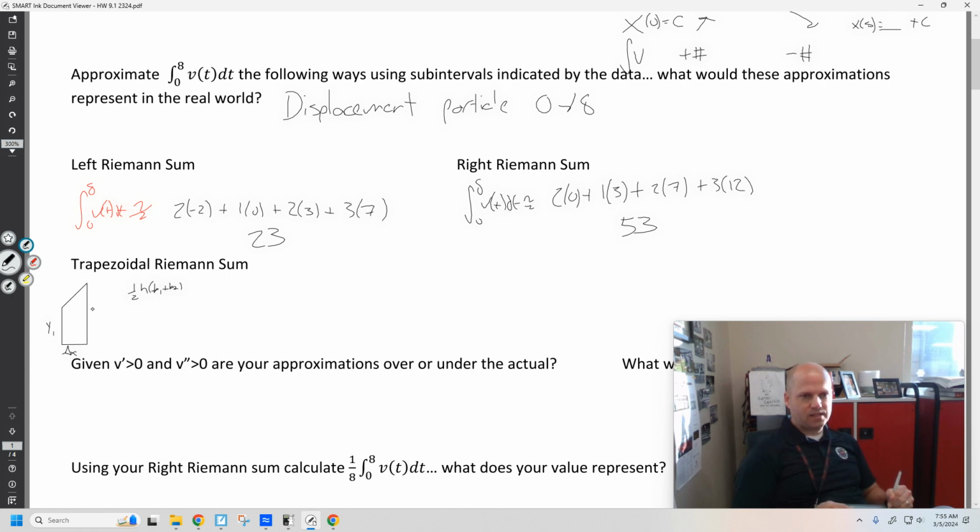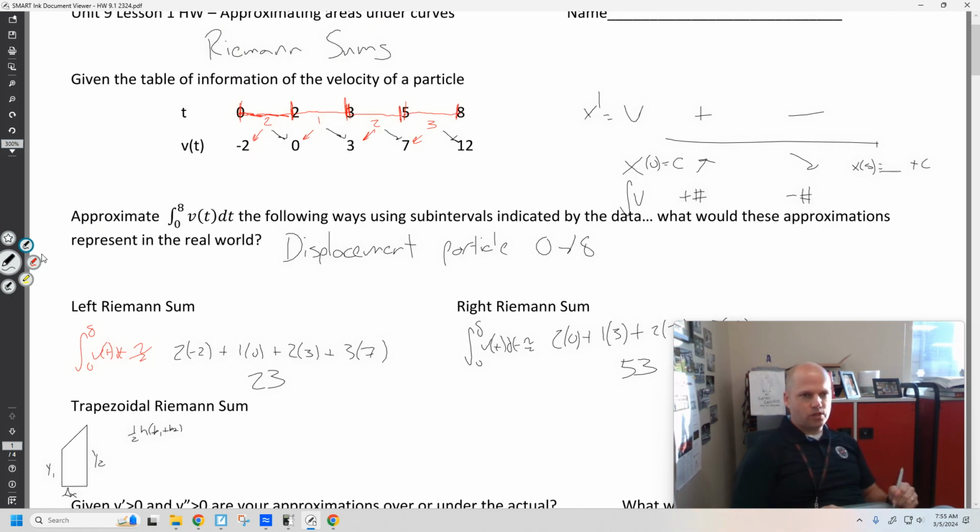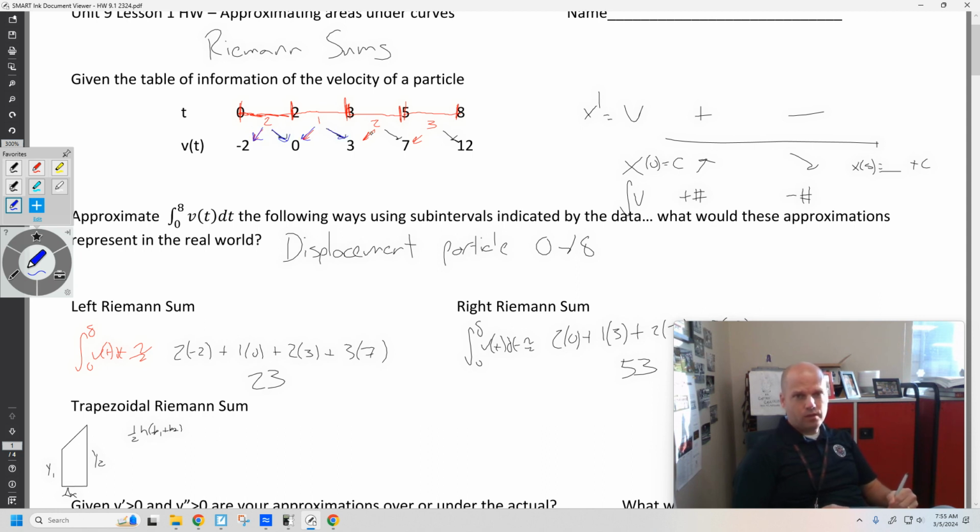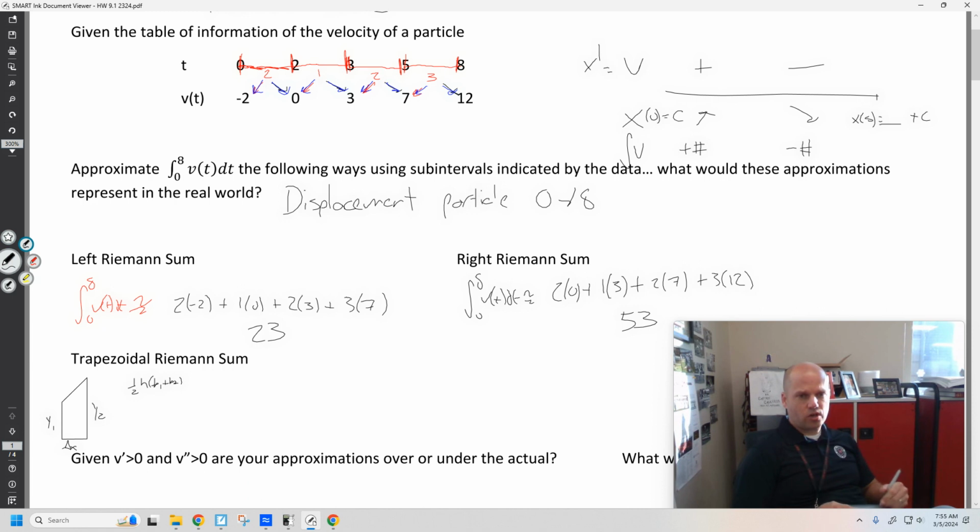This base length would be a y length, and the other base length is another y length. So what we do is actually use both of the y values, -2 and 0, 0 and 3, 3 and 7, 7 and 12. And we just make sure that we have the 1/2 delta x, sum of the heights.